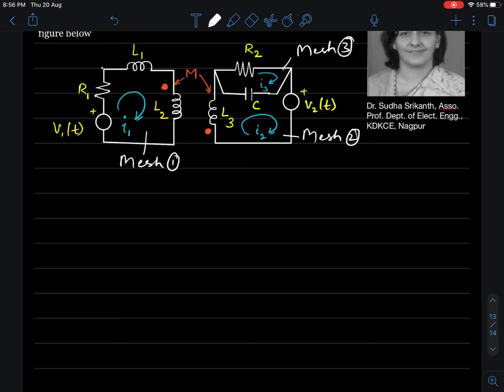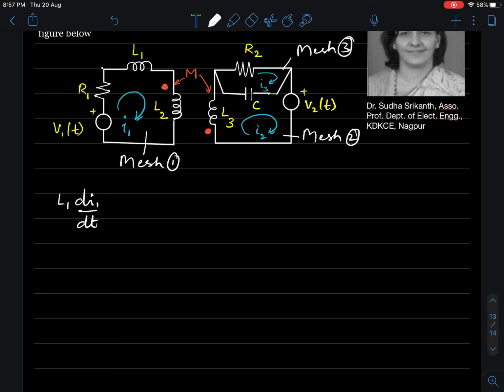What is the self-inductance in L1? The self-inductance is L1. When the current flows through that coil, it produces a self-induced EMF. What is the magnitude of the self-induced EMF? It is simply L1 di1 by dt, because I1 is the current through L1.